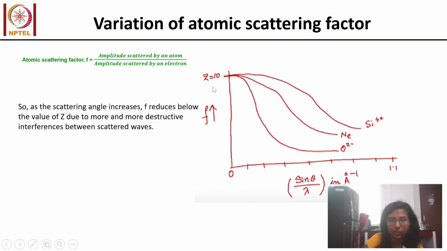As you can see, all of them have the same number of electrons, which is Z. If we plot this atomic scattering factor against the scattering angle, which is normalized by the wavelength, because we can use copper or moly radiation, we see that silicon 4 plus will fall off much less rapidly than O2 minus.